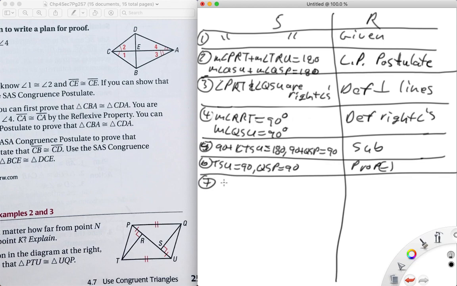Then I could say that triangle TRU and triangle QSP are right triangles.